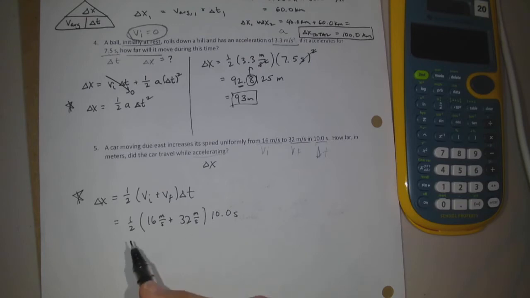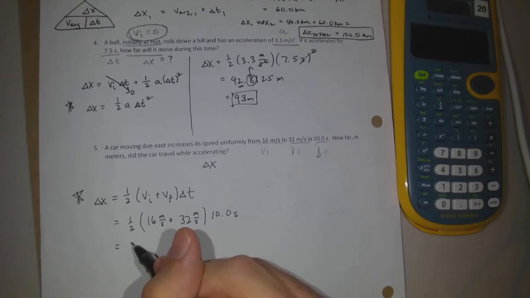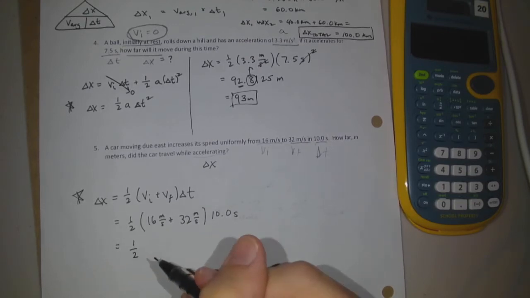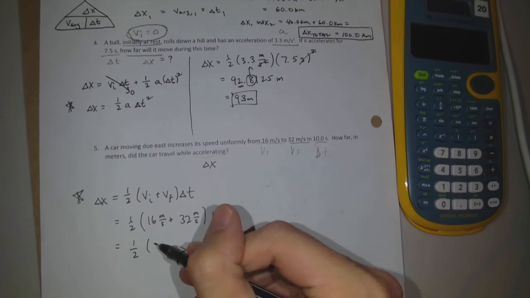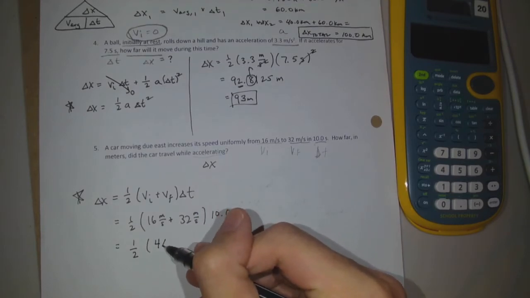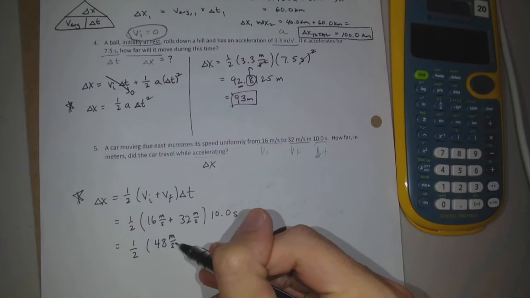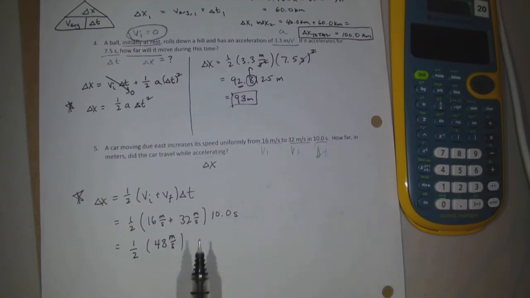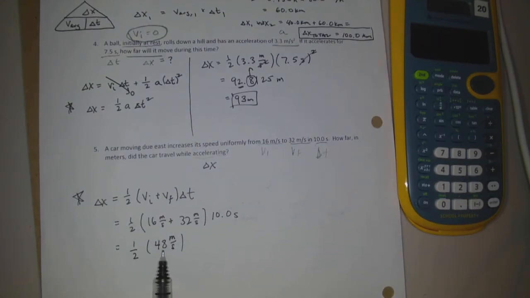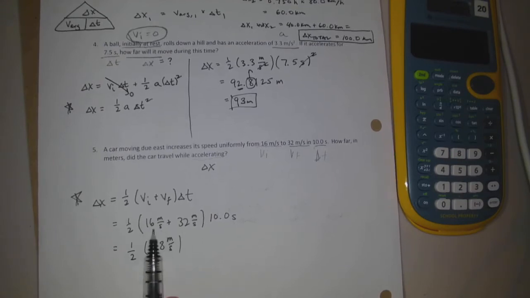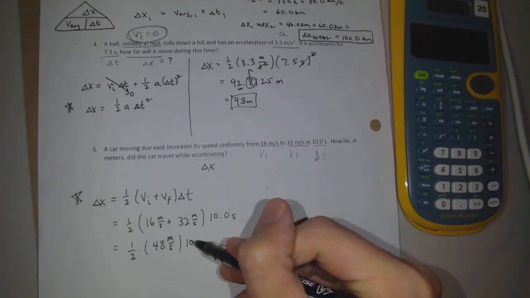So 16 plus 32 is the first thing I'll do. Okay, 16 plus 32 is 48, isn't it? 48 meters per second. This is just as precise as these two were, right? I haven't rounded it. That would be a mistake.